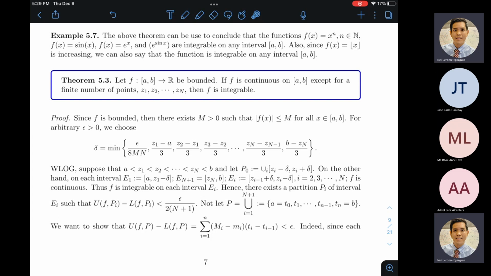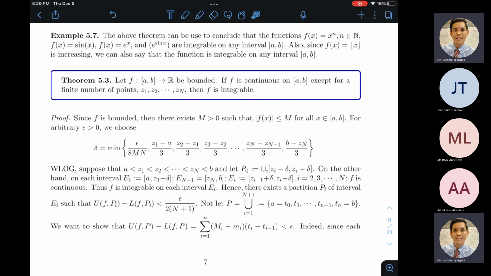So I'll see which is better, me writing the proof from scratch or just correcting this using Abbott's proof. I still need to find a copy of Abbott, so I'll try to check that.